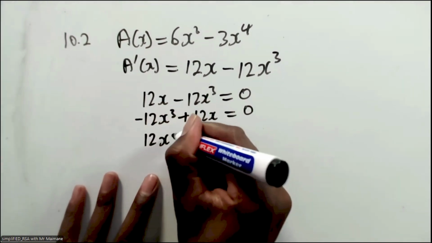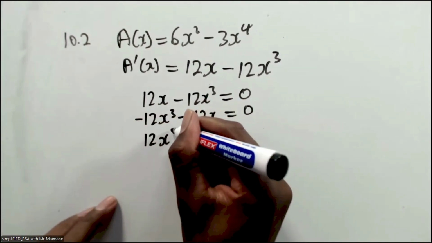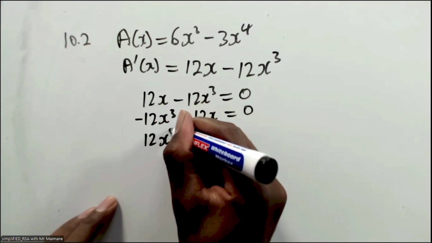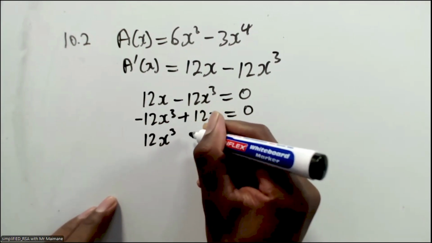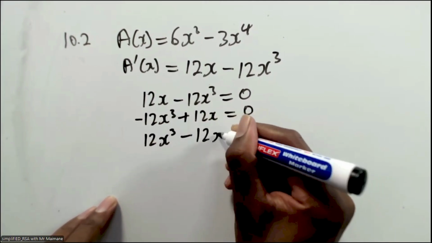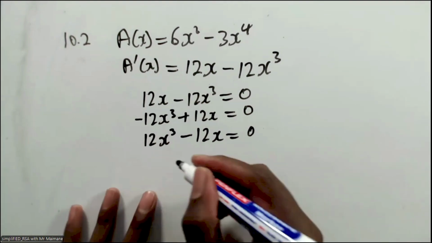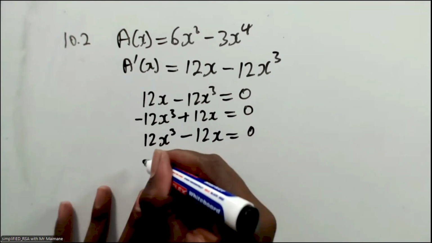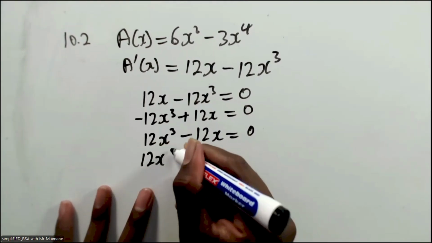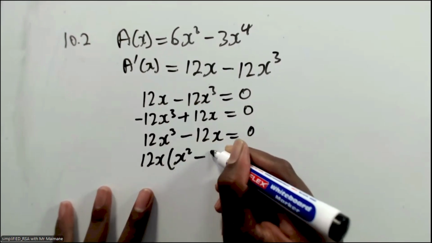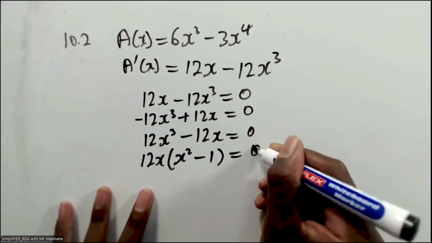So if I multiply by negative throughout, I will have 12x to the exponent 3 minus 12x is equal to 0. Here I have a common factor of 12. If I take out, it's 12x actually. If I take out the common factor of 12x, I'm left with x squared minus 1 is equal to 0.